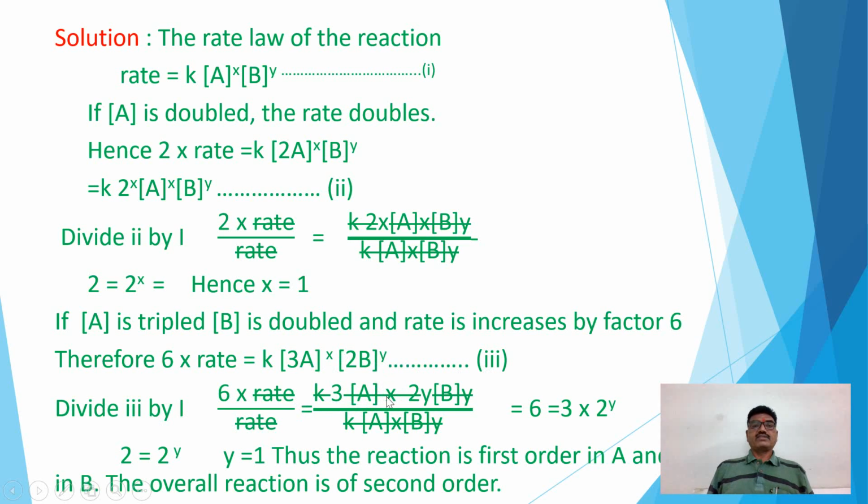So what remains? 6, and here 3, and 2y. Rate gets cancelled, k gets cancelled, A^x gets cancelled, B^y gets cancelled. What is remaining? 6, then 3 and 2y. That is written here: 6 is equal to 3 into 2y.